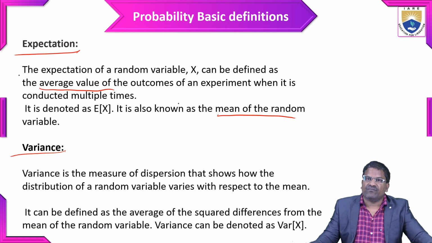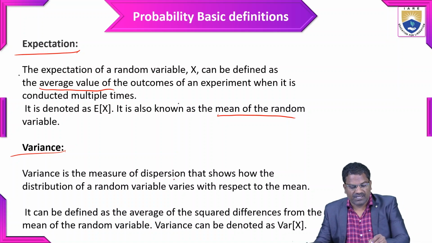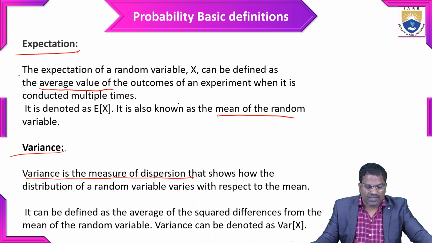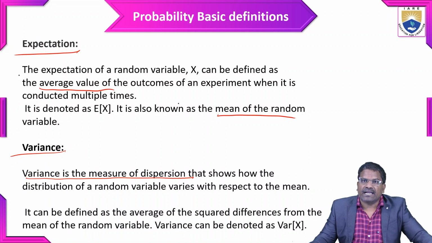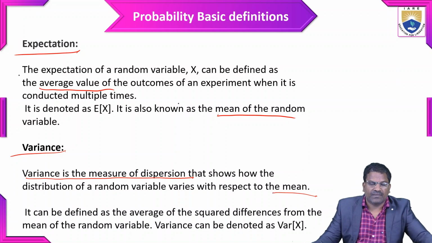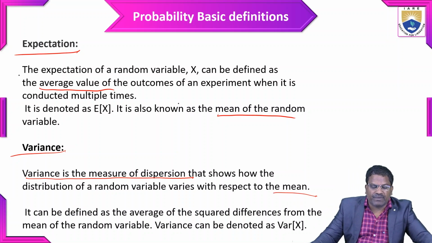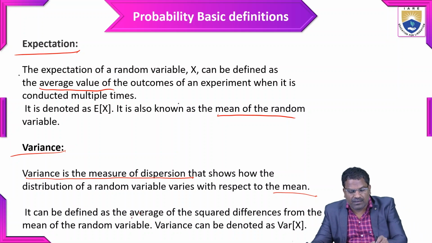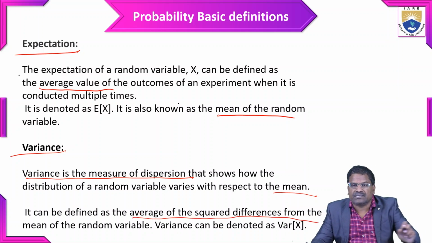Now, let us define one more basic term, variance. Variance is the measure of dispersion that shows how the distribution of a random variable varies with respect to the mean. It can be defined as the average of the squared differences.